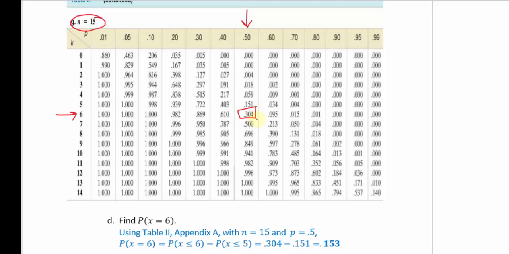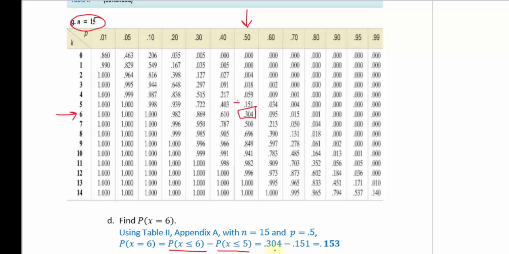But remember, 0.304 represents probability of 6 and everything smaller. So we would start with the probability less or equal to 6 and then subtract the probability below. So that's the probability of x less or equal to 5. So in our problem, we're setting it up as the probability of x less or equal to 6, subtract the probability of x less or equal to 5.